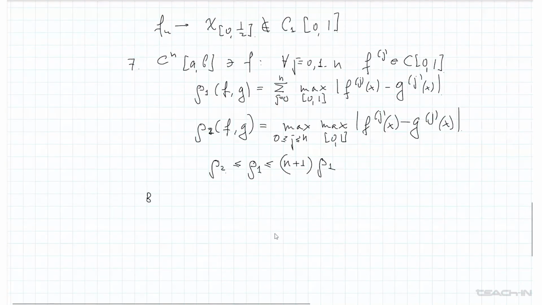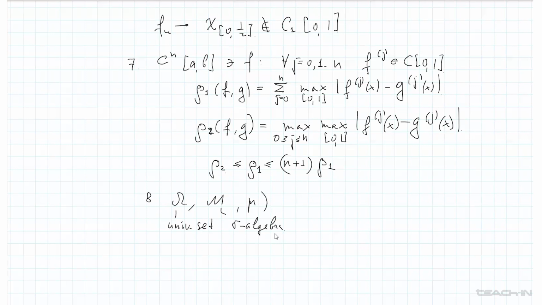Okay, another example. We have Omega, some universal set, M a sigma algebra, and mu a finite or sigma-finite measure. And we can describe the space L^p(Omega, mu).